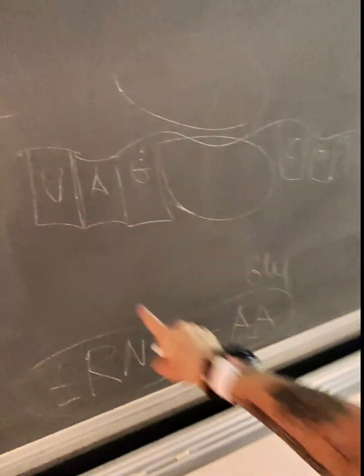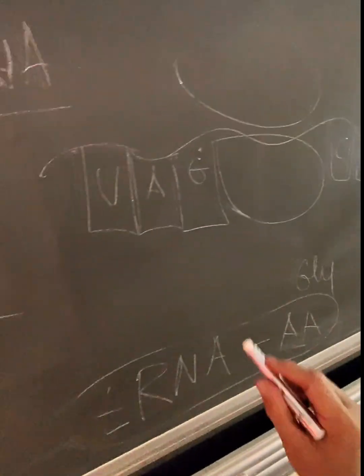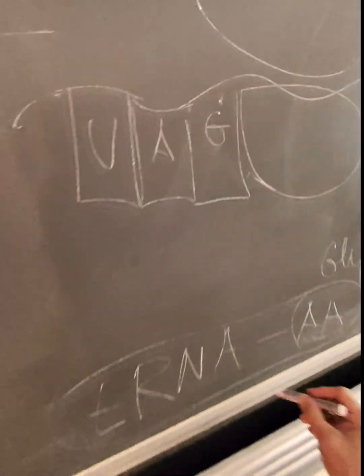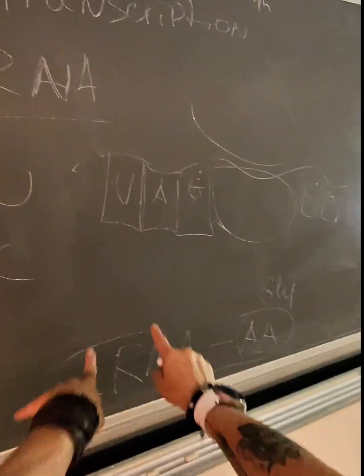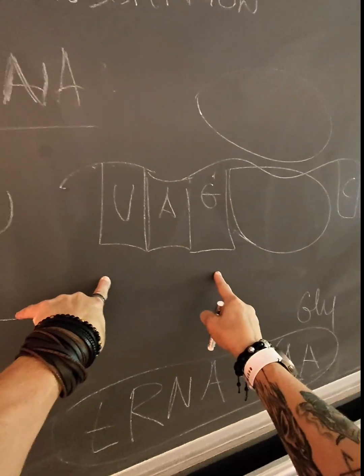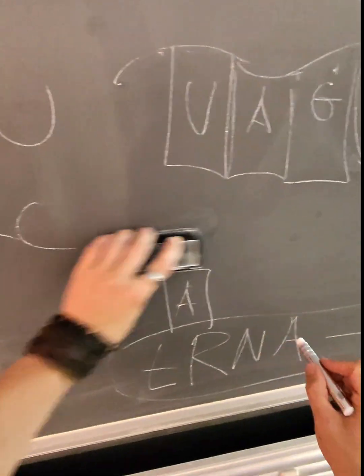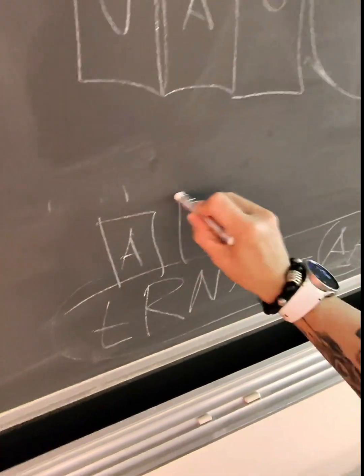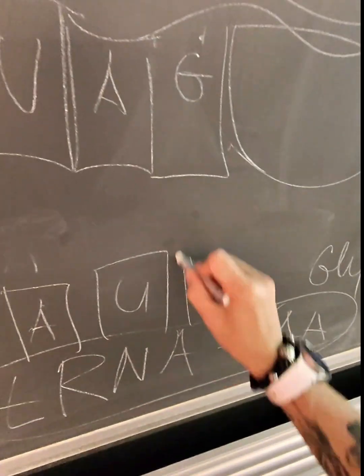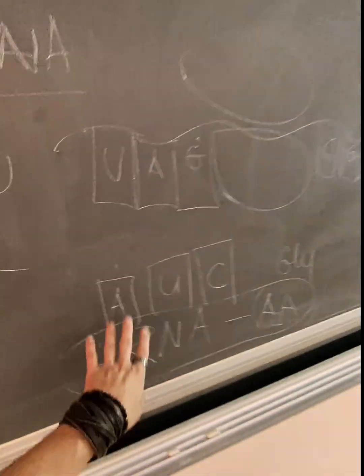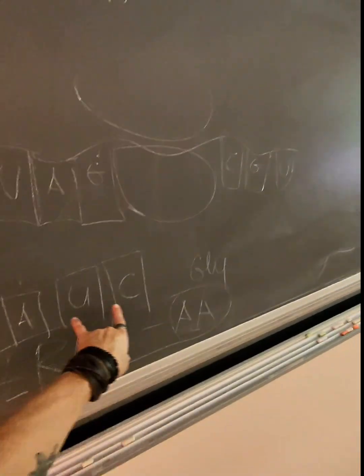I'm not really sure if that represents glycine, but it's just an example of an amino acid. So the transfer RNA has to match these codes, right? So it's the anticodon. U will match with A, like this. A will match with U, and G will match with C. So let's say hypothetically these three anticodons represent the amino acid glycine.